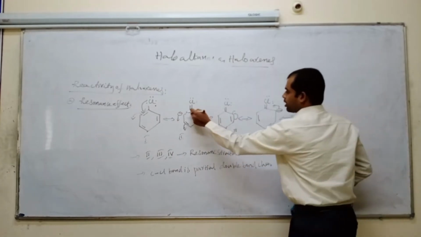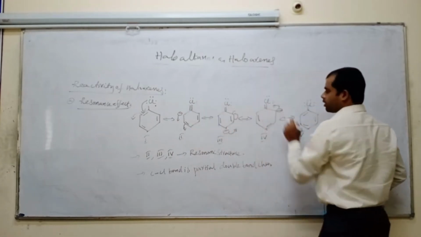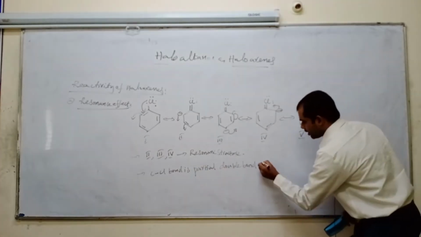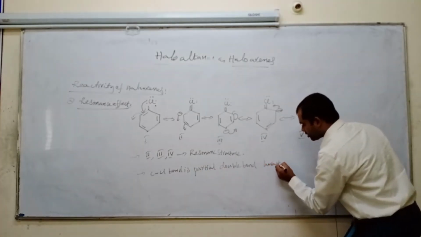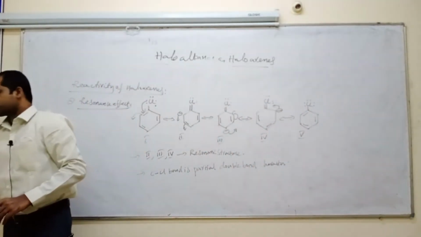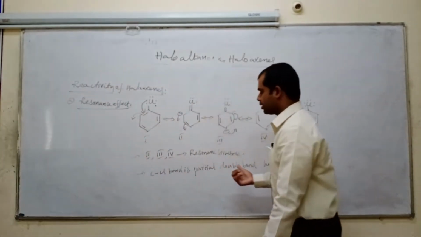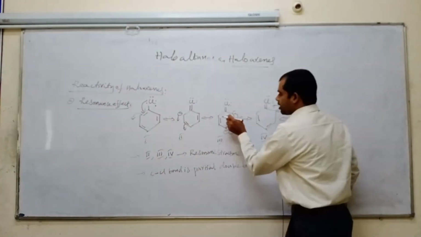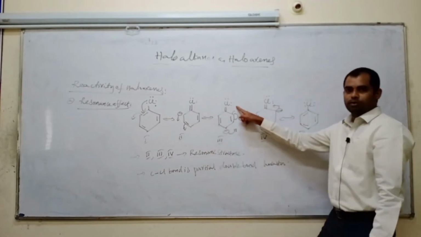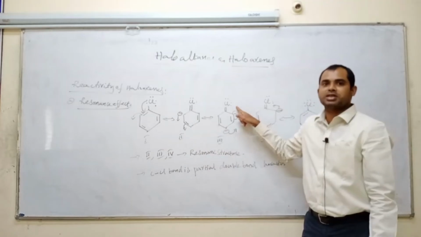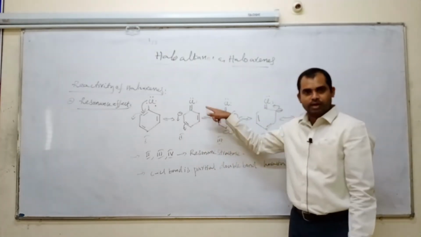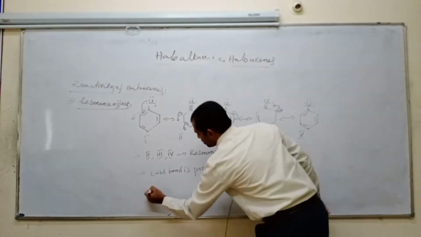In every resonance structure, the carbon-chlorine bond has partial double bond character. What does this mean? Because of the partial double bond character, the bond becomes stronger, which makes it a shorter bond length.